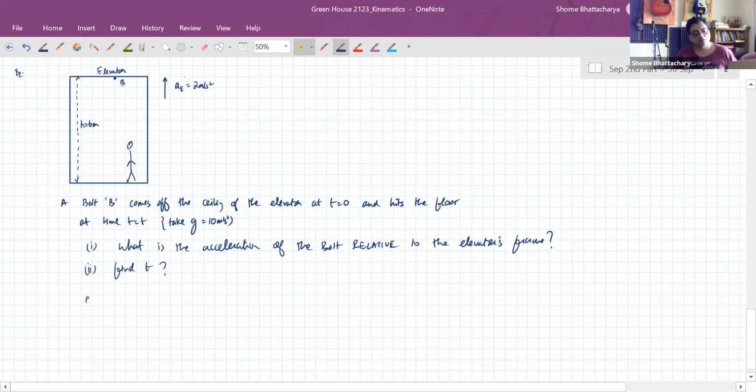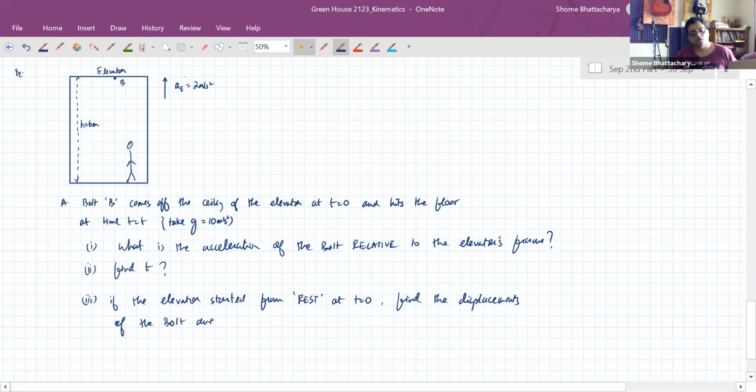And third part, if the elevator started from rest at t equal to 0, then find the displacement of the bolt and elevator from t equal to 0 to t equal to t.